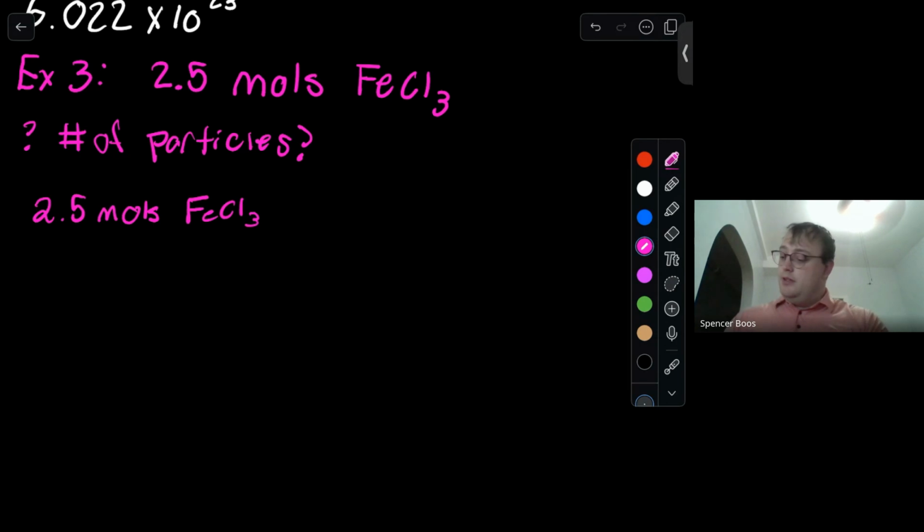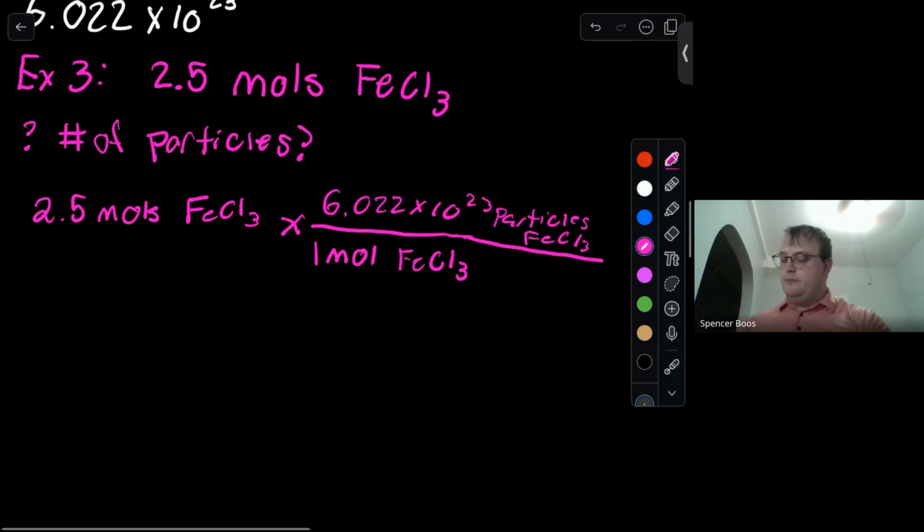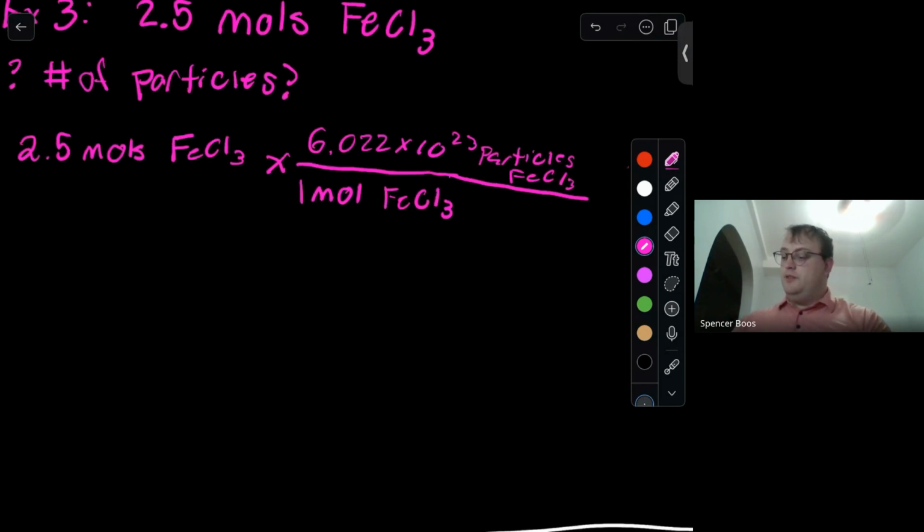Now, I know that in every 1 mole of FeCl3, we have 6.022 times 10 to the 23rd particles of FeCl3. If we take a look here, these two cancel out.